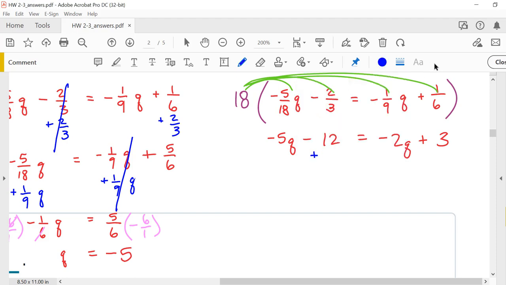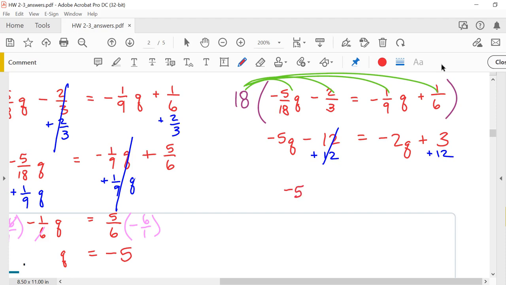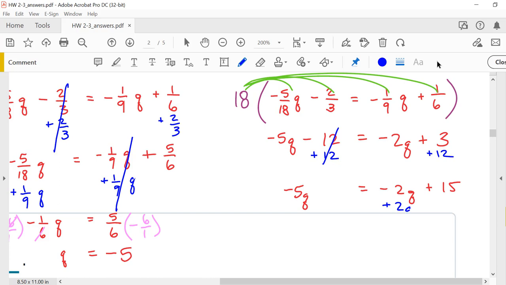I'm going to add 12 to both sides. Negative 5q equals negative 2q plus 15. I'm going to add 2q to both sides.